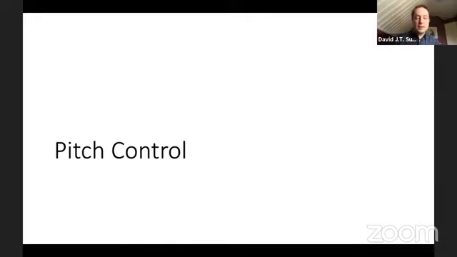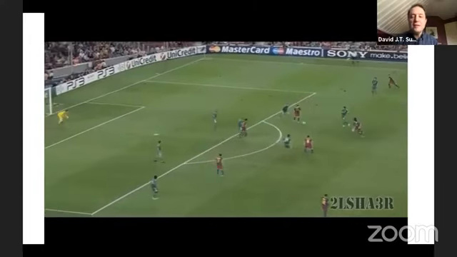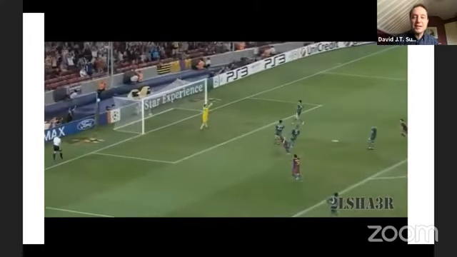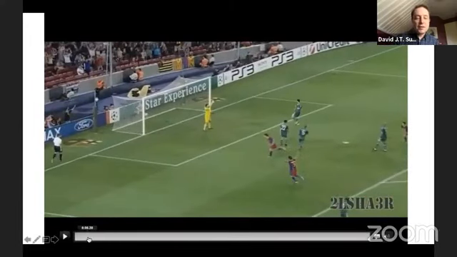And I'll just tell you, there's a kind of history of pitch control, and I'll start building up from that. This is one of the goals which inspired me most when I was writing Soccermatics. And this is a Messi goal, obviously.